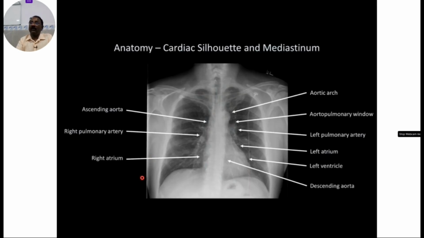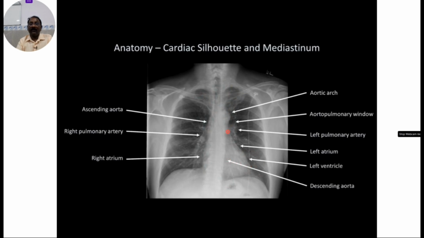See the cardiac silhouette. This is the aortic arch I discussed with you. This is the aortopulmonary window. This is the left pulmonary artery. This is the left atrium. This concavity will be lost in left atrial appendage or left atrial enlargement. This is the left ventricle. In massive left ventricular enlargement, this border will be like this.